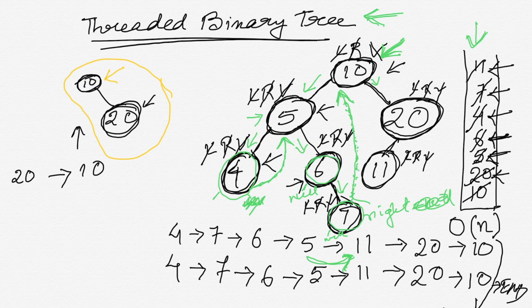Now we will see that we are at the node with value 10, and its predecessor is already computed, and we will see what we have to do for this part. So we see that 7 is a predecessor of the node with value 10, and it has a non-null left subtree.